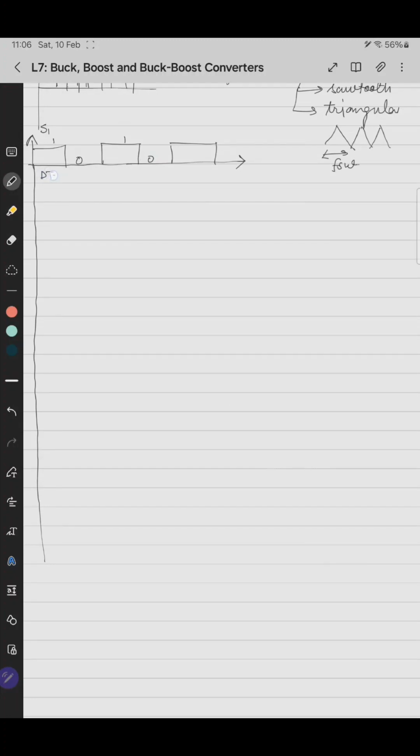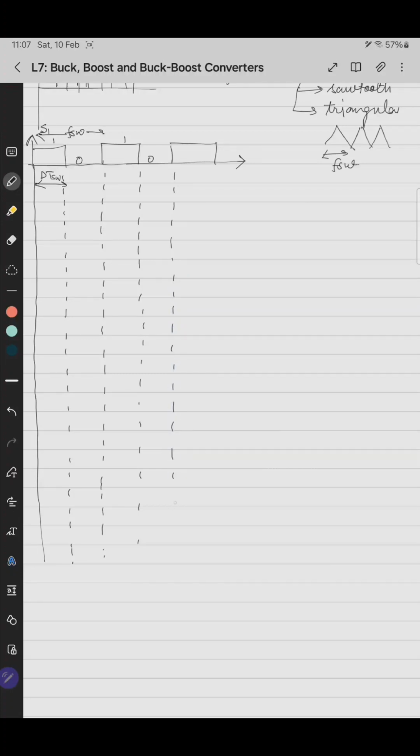Again, this is D into T switching, and this is F switching. I have drawn here 3 switching cycles. Instead of 3, you can call it 2.5 because the third is just for on time.